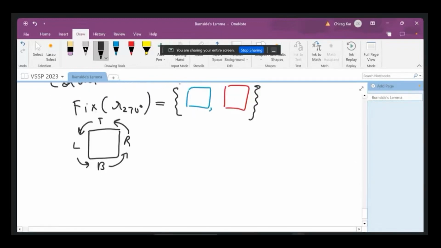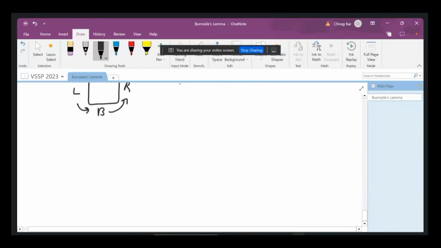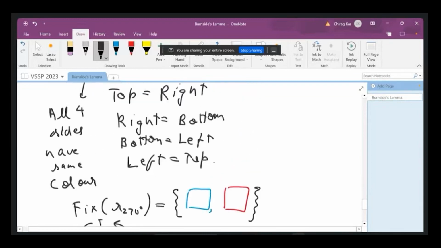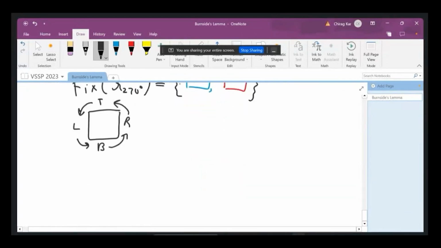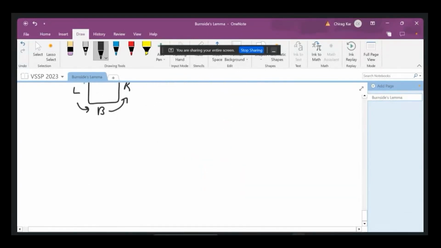So finally, we looked at R90, R270, and R0. Let's finally look at R180. Now, in the case of R180, it's quite interesting actually, because when you have R180, you could have two of them equal.